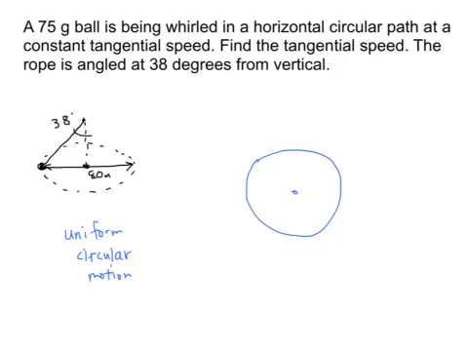Any object moving in a circle has some velocity and it has some acceleration. Acceleration, we remember, is the change in velocity over time. So velocity has two parts.